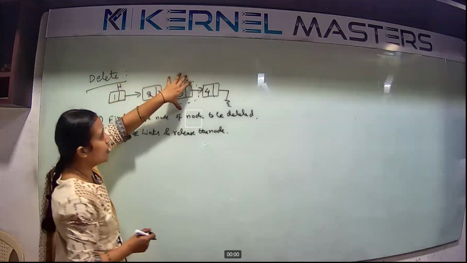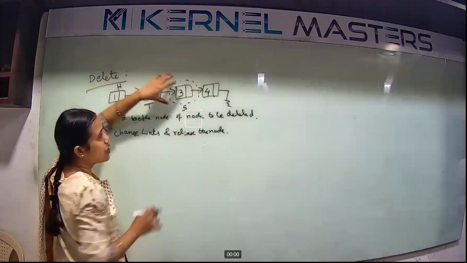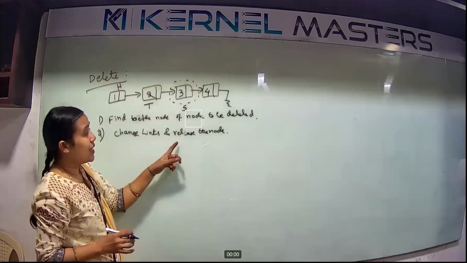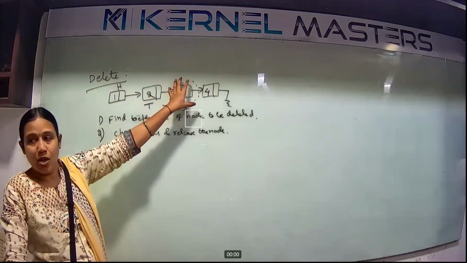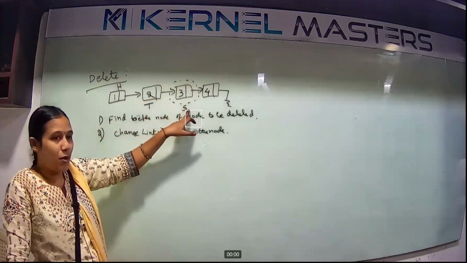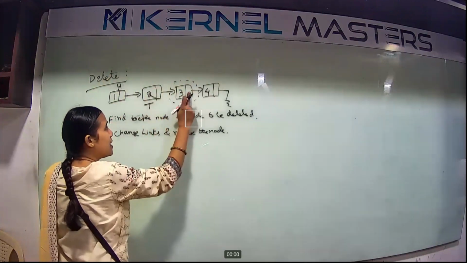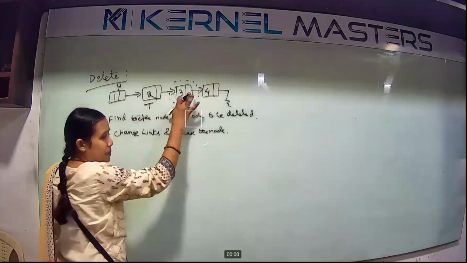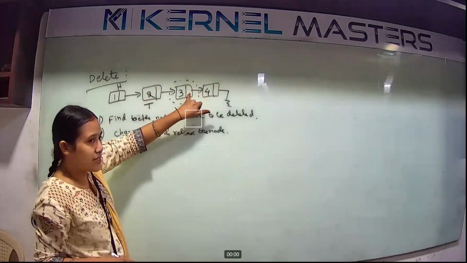If the node to be deleted is S, I have to give it a name because I have to remember this address so that I can release it. If I have to release it, I have to send this address. So I have to remember this address in another pointer. Then T next will be S next, because this node's address is already in S next.